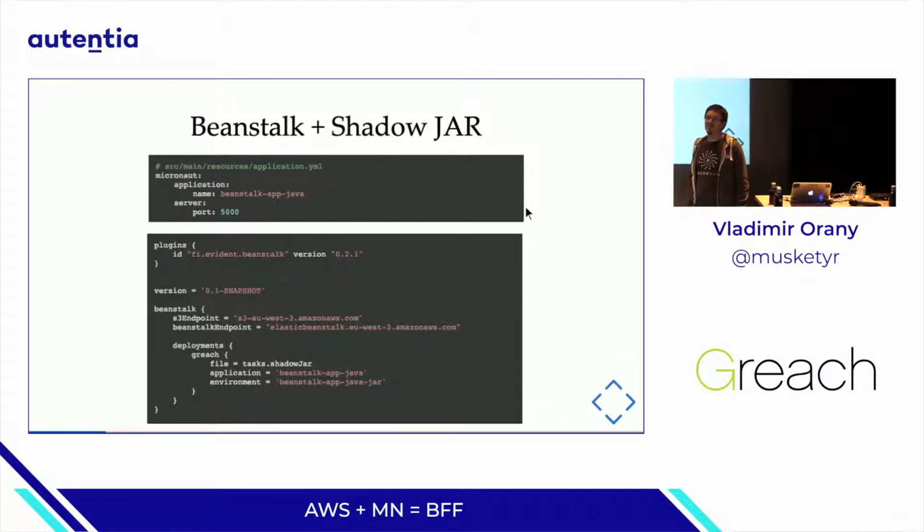But the problem is if you do it this way, you can't set useful system properties or JVM flags. There are probably a couple of JVM flags you want to add to a Micronaut application to make it work better.